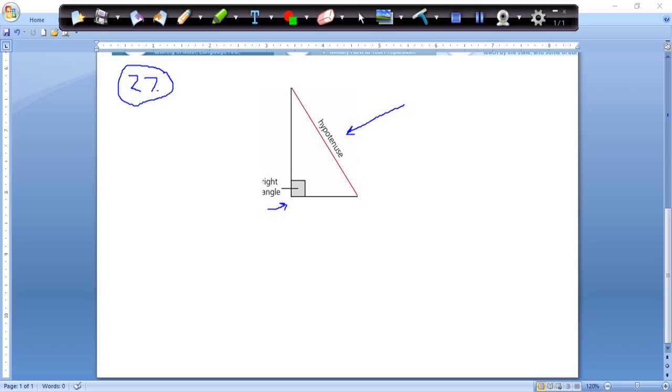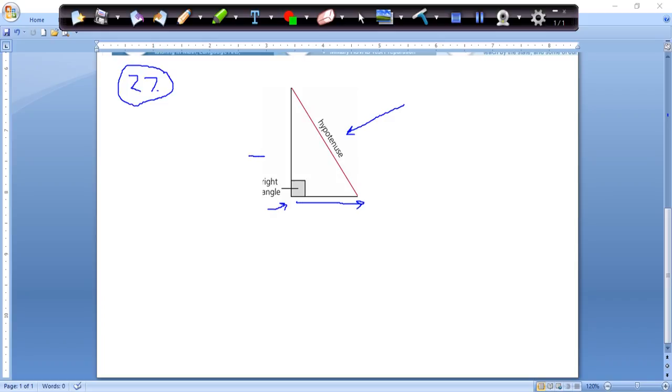And the question wants to know which of the following expressions could be used to find the length of the cable. In my illustration, the cable is running 9 feet from the base of the pole, which is this way.